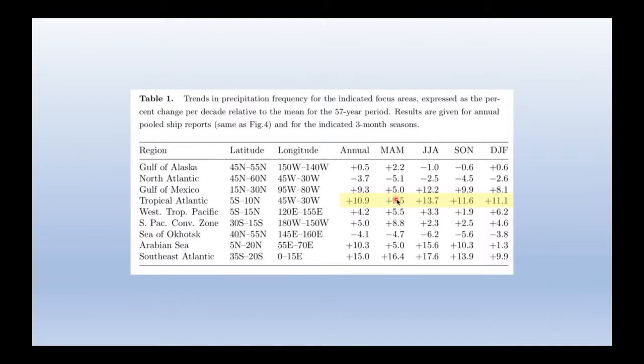Tropical Atlantic, positive trends, fairly strong positive trends across the board, around 10% plus or minus. Western Tropical Pacific, a smaller positive trend, but still all positive. The SPCZ, all negative. Eurasian Sea, all positive. And the Southeast Atlantic, all strongly positive in this case.